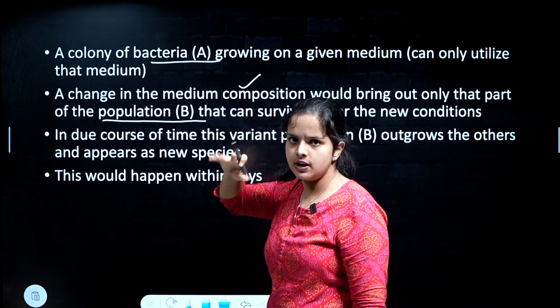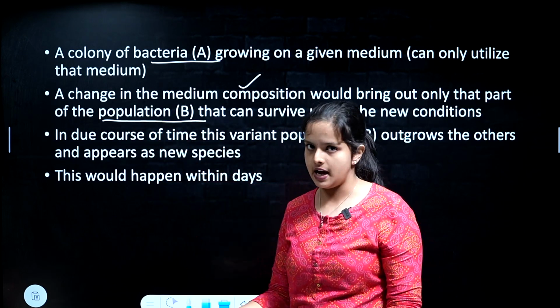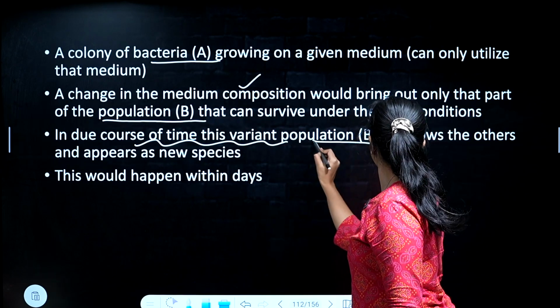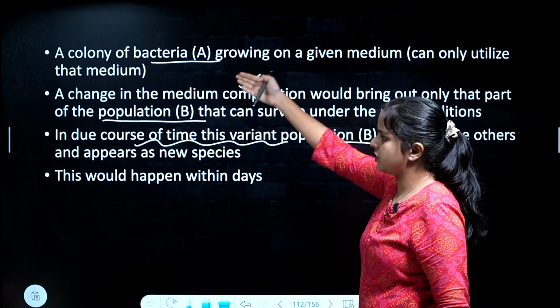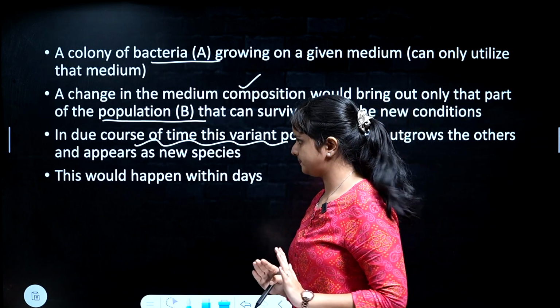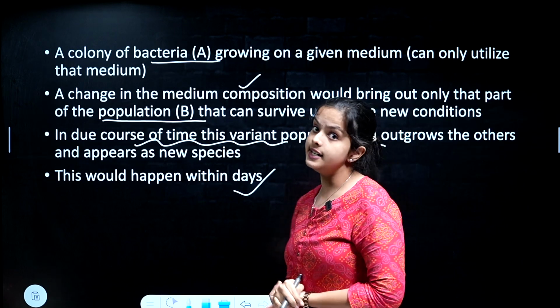The bacteria A will perish and the population B will expand. So in due course of time, population B outgrew population A or any other species, and population B became the majority. In the case of bacteria, this happened within days.